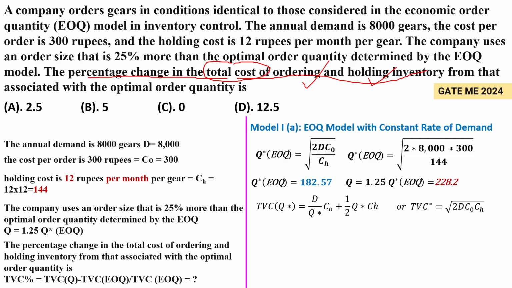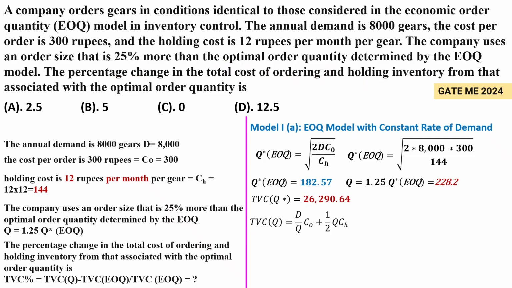Otherwise I can directly use the formula TVC star equals root of 2D C0 CH. Better to always use this formula. So total variable cost at the Q star quantity is 26,290.64.